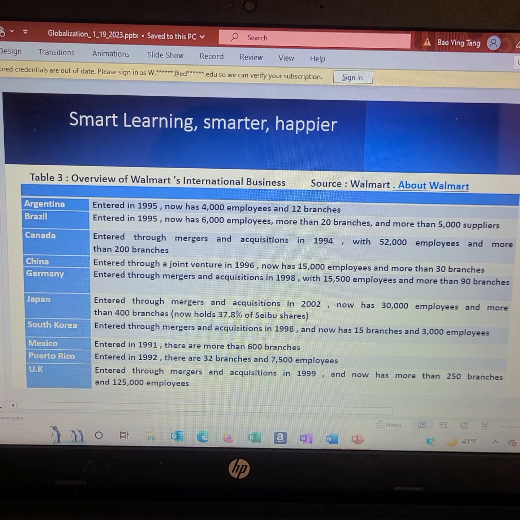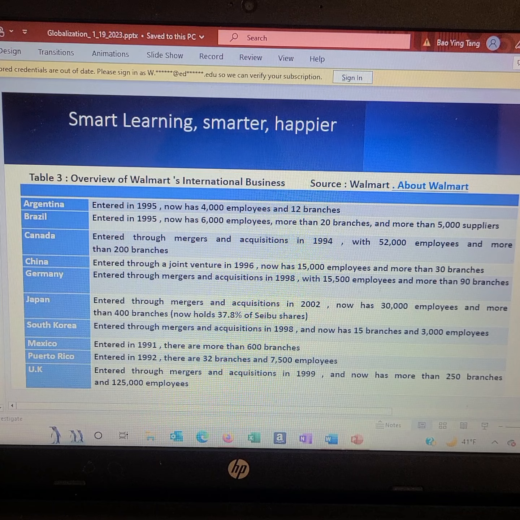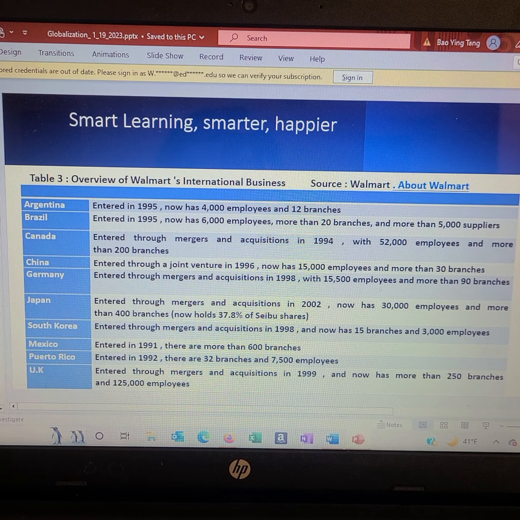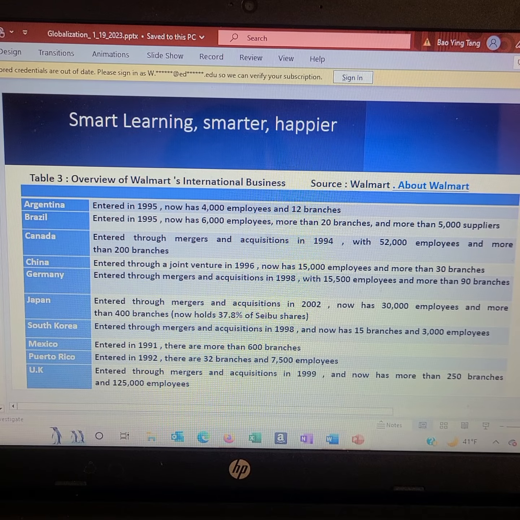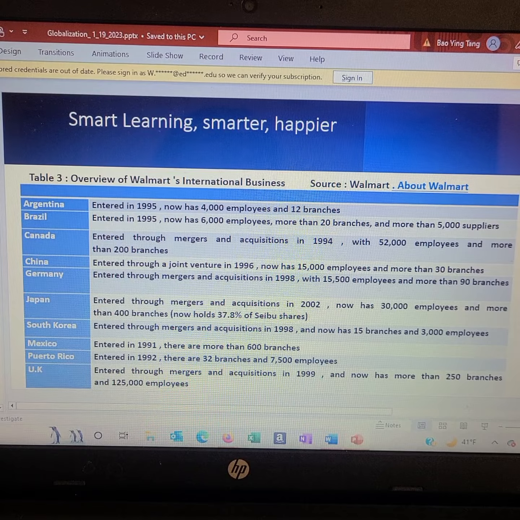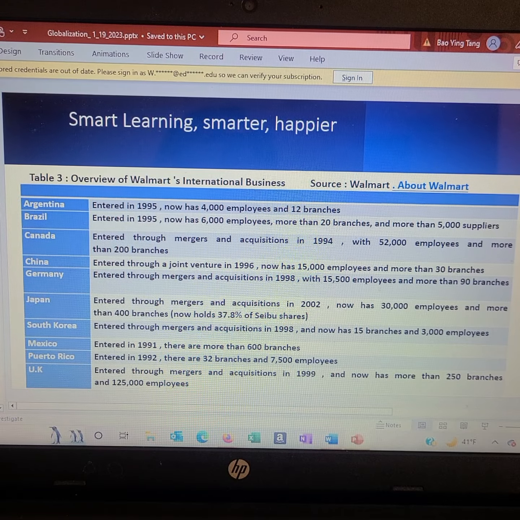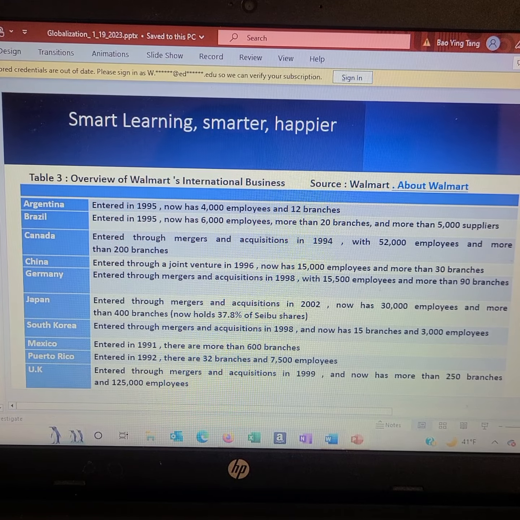In Germany, it entered the German market through mergers and acquisitions in 1998 with 50,500 employees and more than 90 branches. It entered the Japanese market in the year 2002 and now has 30,000 employees and more than 400 branches.